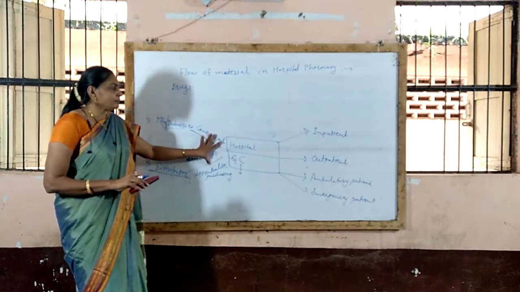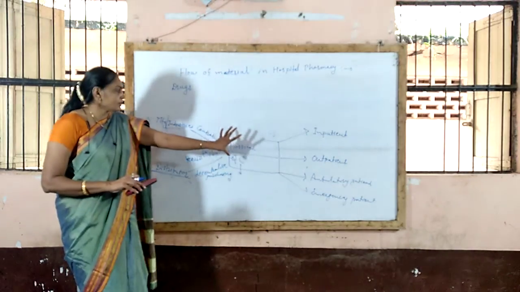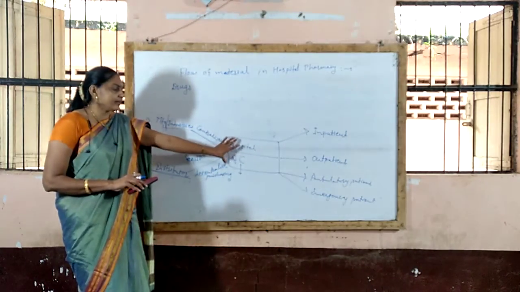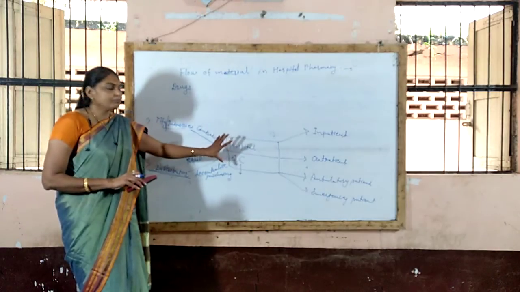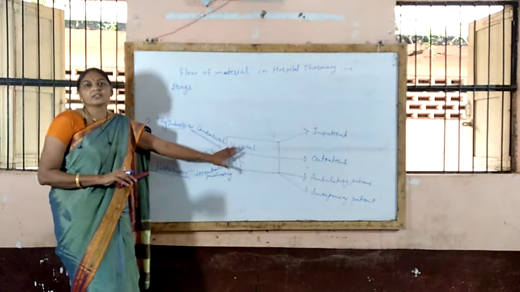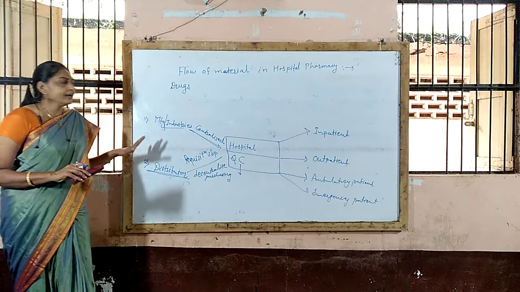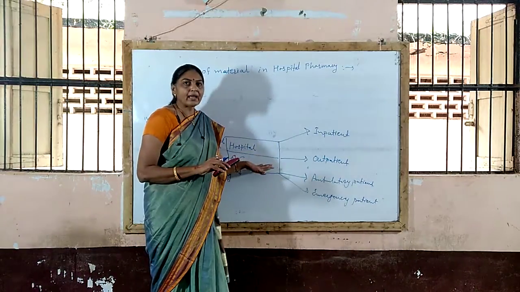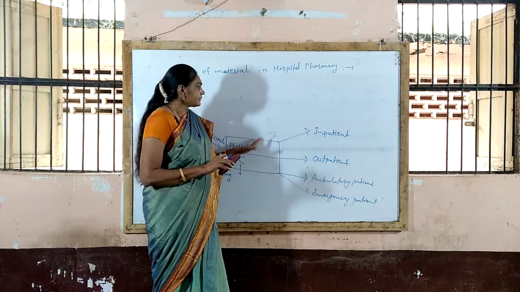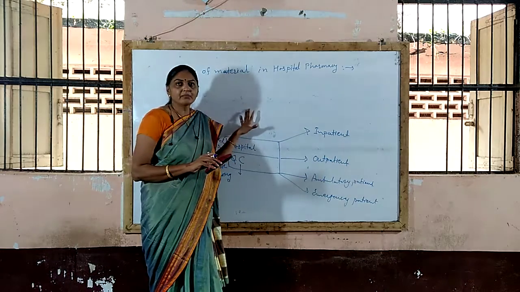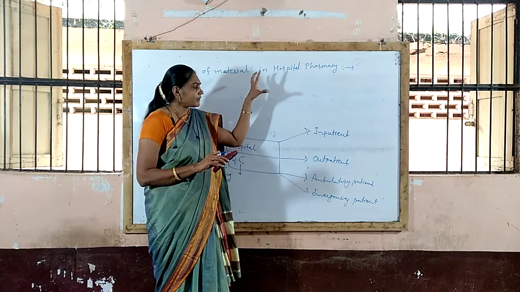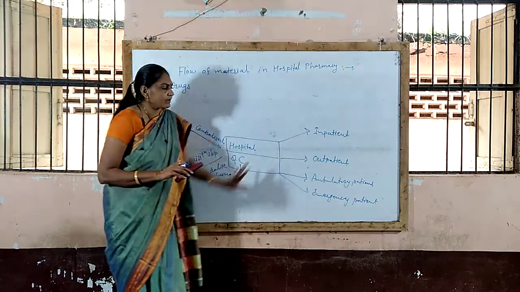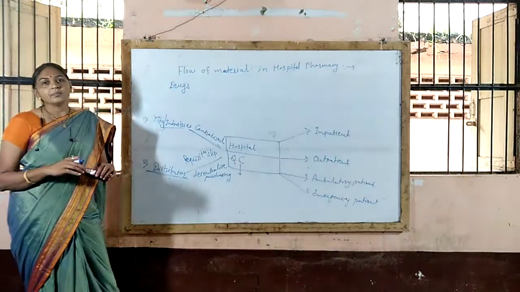After receiving the drug, the stock record must be maintained inside the hospital. Then a quality control test is carried out by a government or private laboratory, and the drug is kept inside the hospital pharmacy and distributed to inpatient, outpatient, ambulatory patient and emergency patient when required.